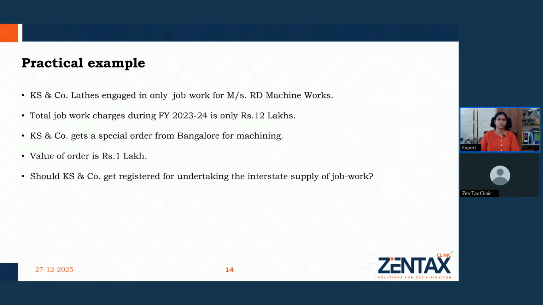The value of such order is 1 lakh. In this scenario, should KS & Co. get registered for undertaking the interstate supply of job work? Here the person is making only local sales, so their turnover is within the limit for registration. Now they got an order for interstate supply, and that value is 1 lakh.